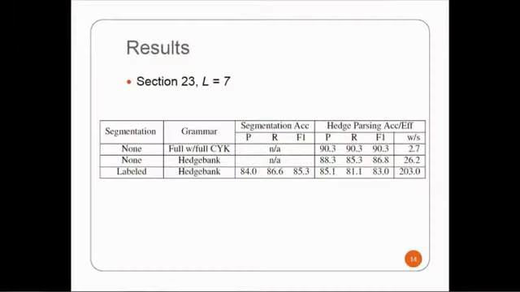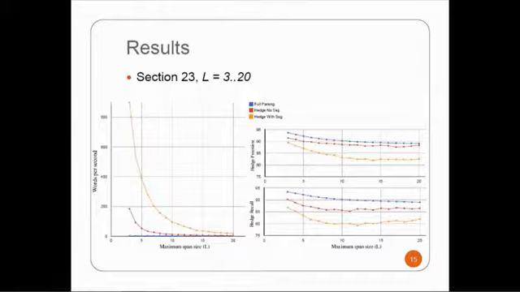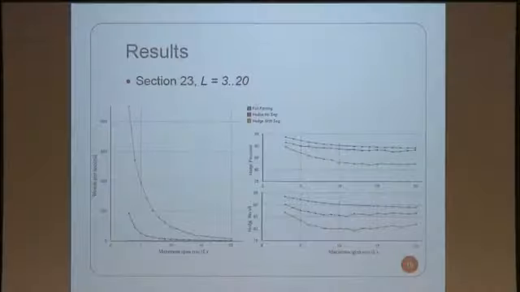This is the result on our test set or eval set. Basically, the same pattern holds here. And these are the results for different L values from 3 to 20 on the eval set, with our 3 different approaches: the baseline, no segmentation, and pre-segmentation before parsing.